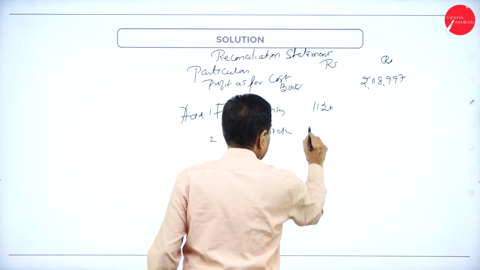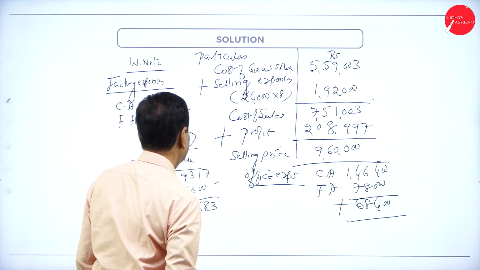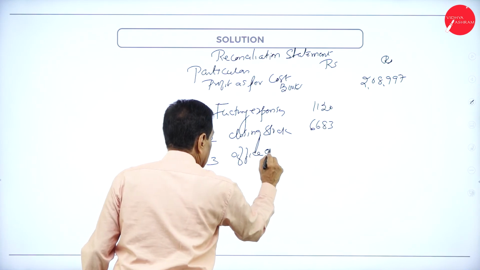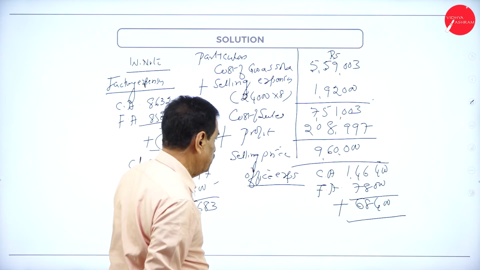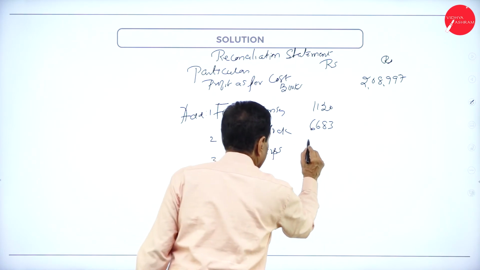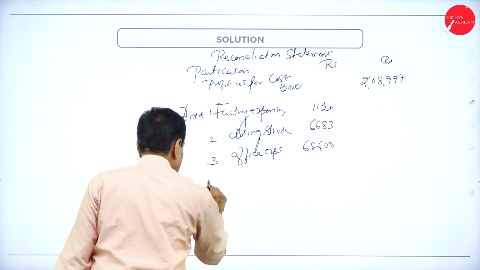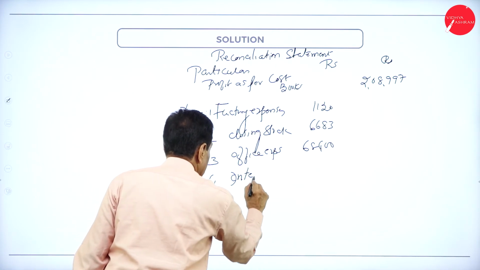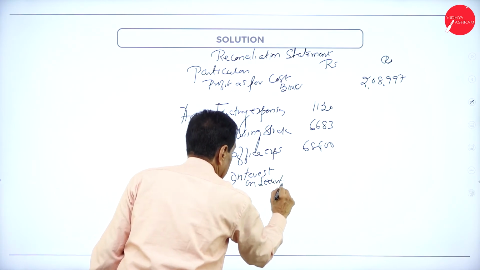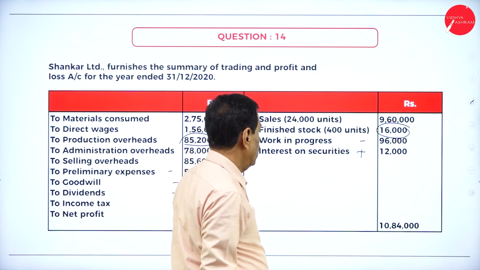Number 3, office expenses, 68,400. Interest on securities, 12,000.